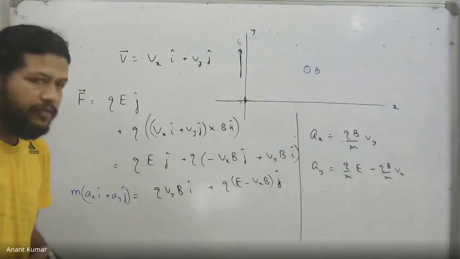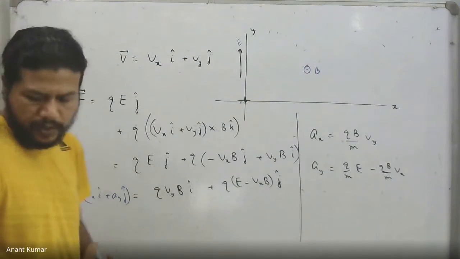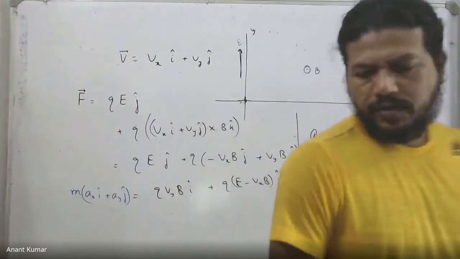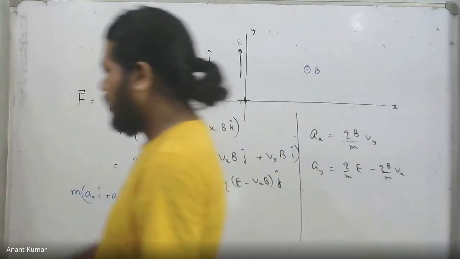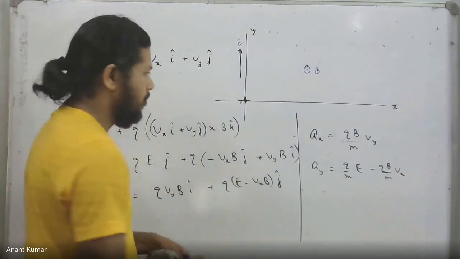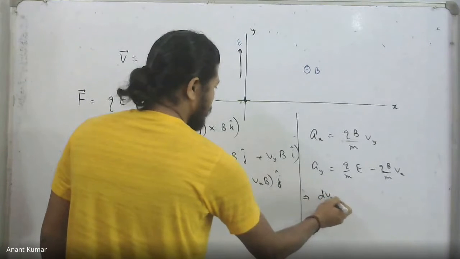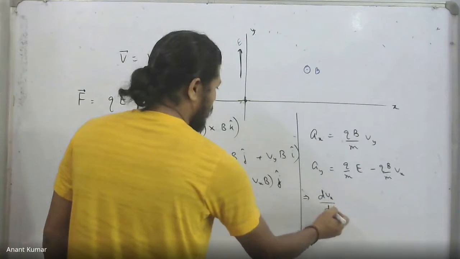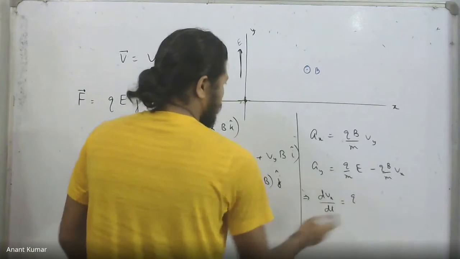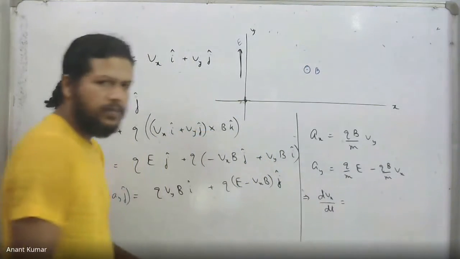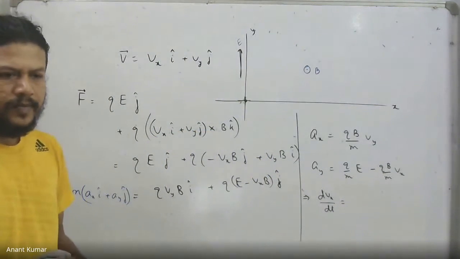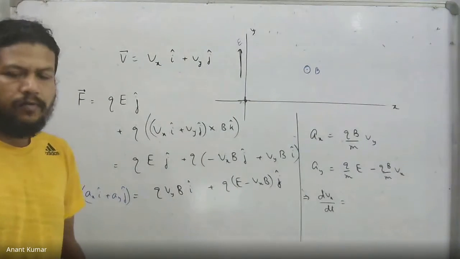ax is nothing but dvx upon dt, by the way. If I write it in terms of derivatives, we can write dvx upon dt. You see, qB by m is nothing but the angular frequency, the cyclotron frequency actually.